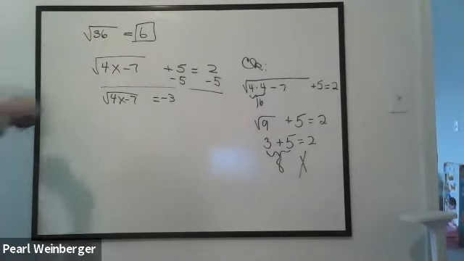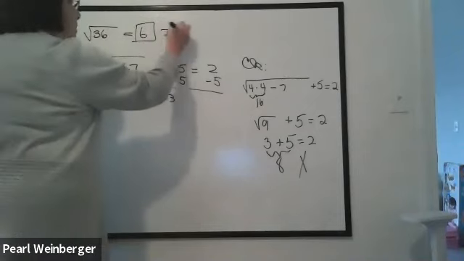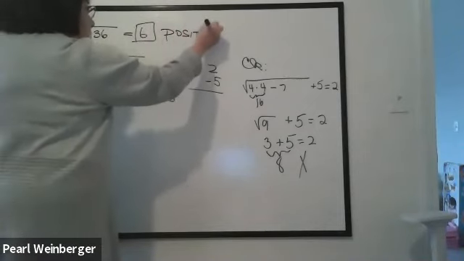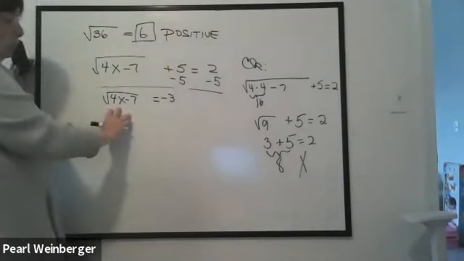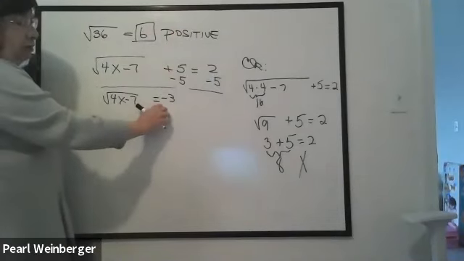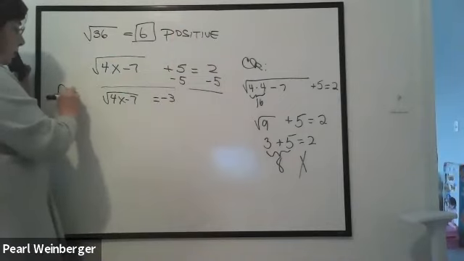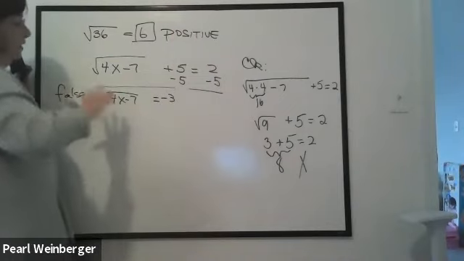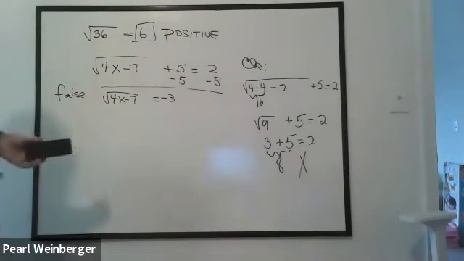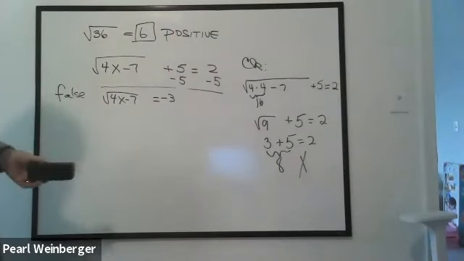It's always positive. So when I saw that the square root of something is equal to -3, I know that's a false statement. The square root of 4x minus 7 can never be equal to -3. It can only equal a positive number.